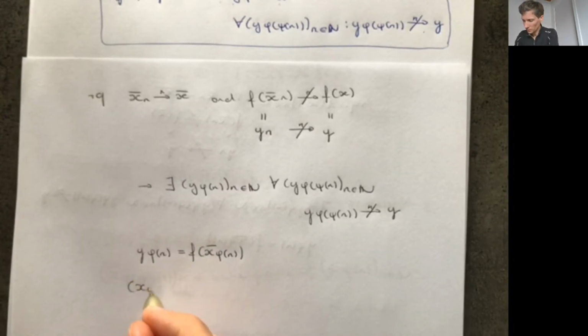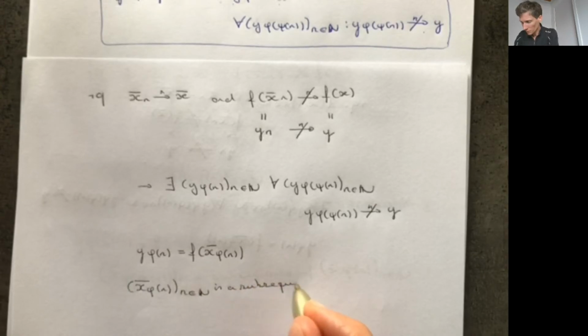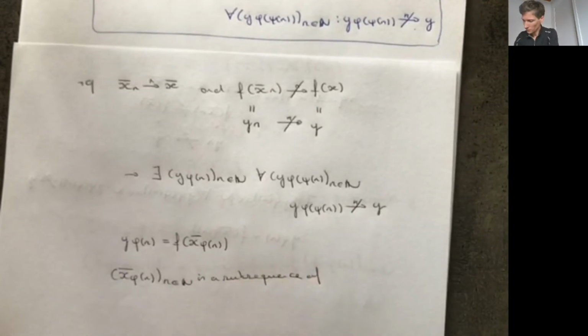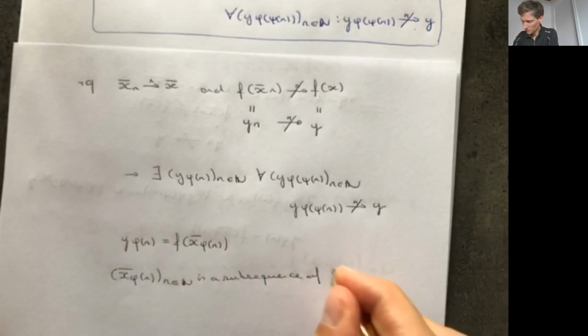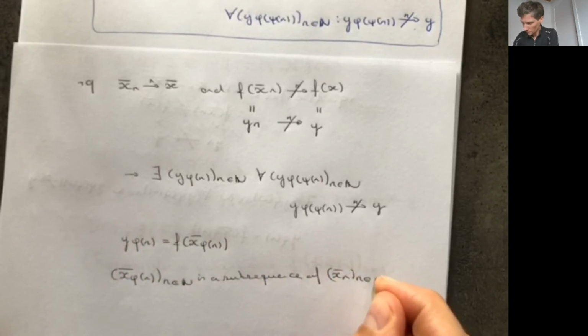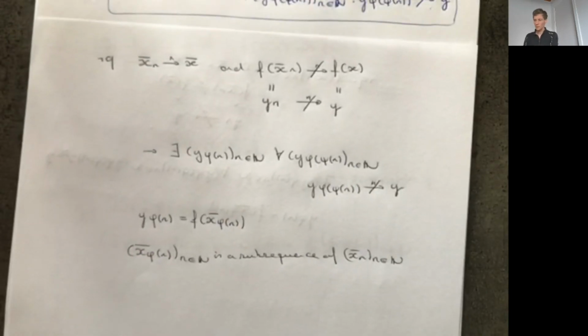Okay, so, and then this sequence here, x phi n, is a subsequence of xn. Sorry. Okay.